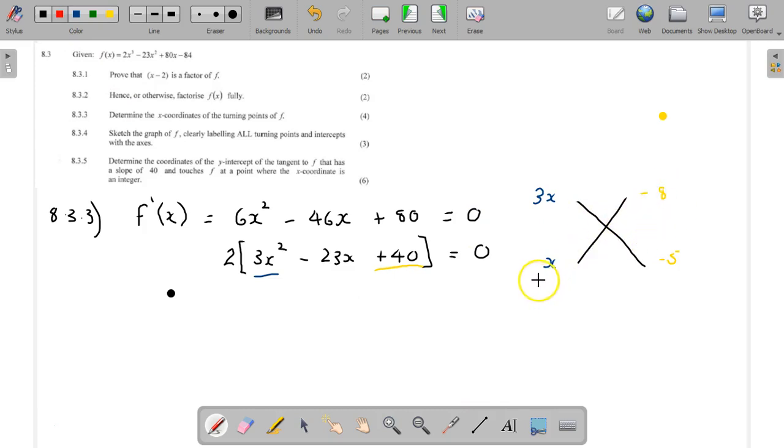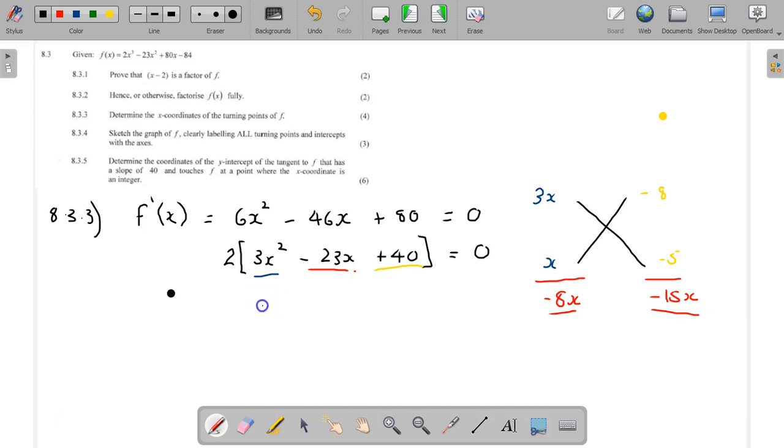I think that this combination would work. I would then get negative 8x and negative 15x, and if I add negative 8 to negative 15, you'll notice that I get negative 23. So I know that these are the correct factors.